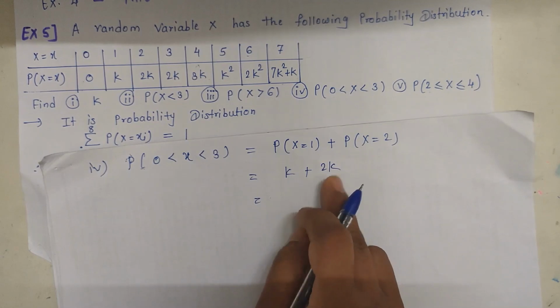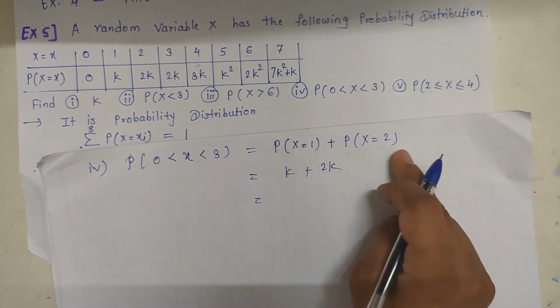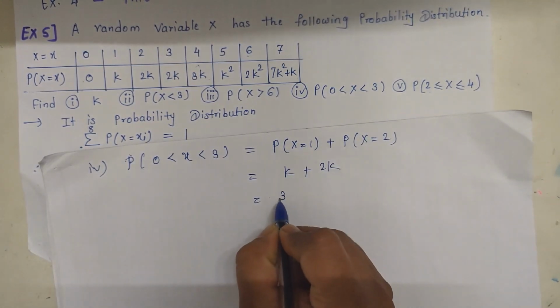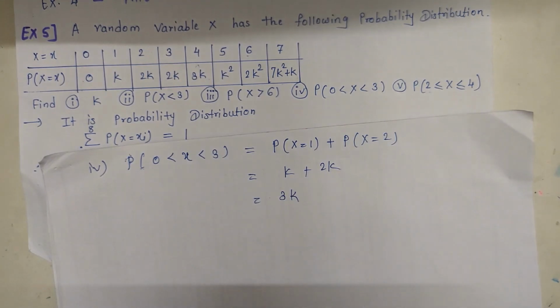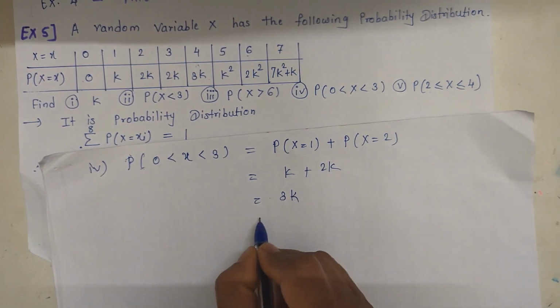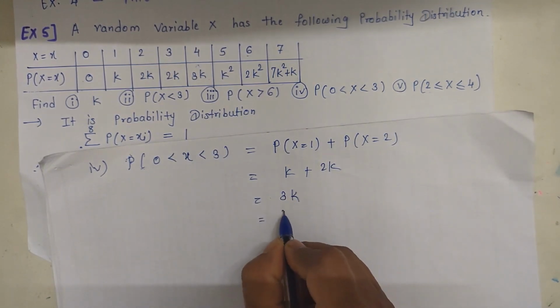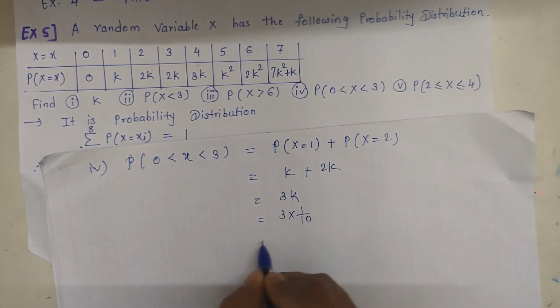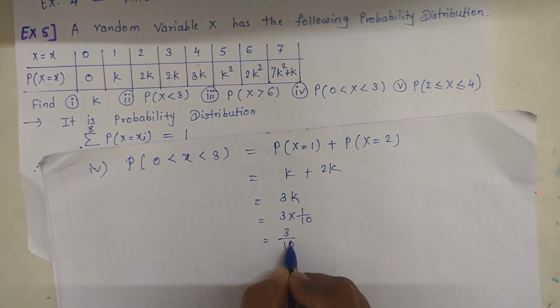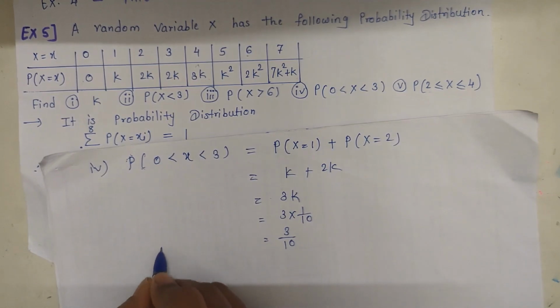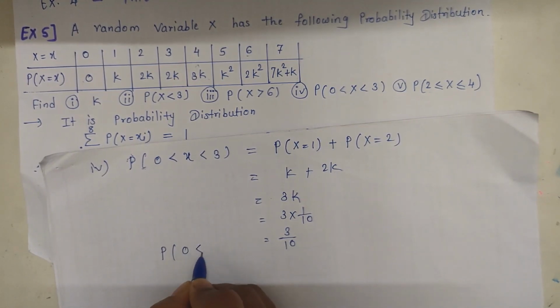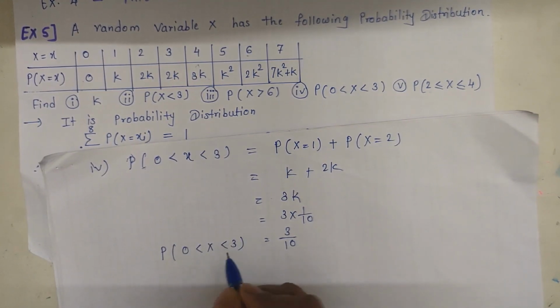These probabilities of x is equal to 1 and x is equal to 2 give 3k. Now substituting the value of k, 3 into 1 by 10 is equal to 3 by 10. This is the value for probability of x lies between 0 to 3.